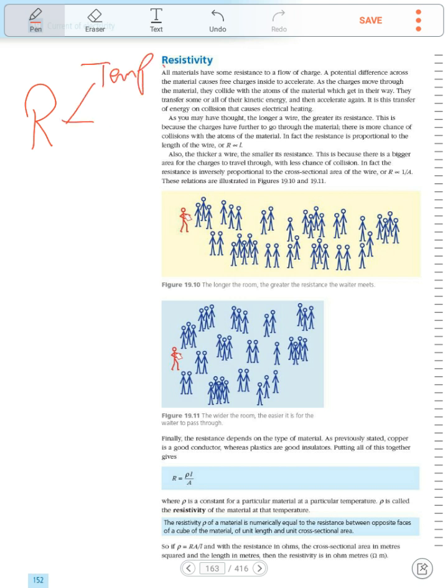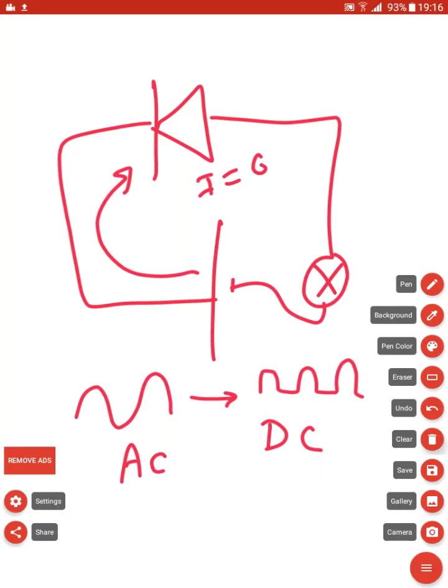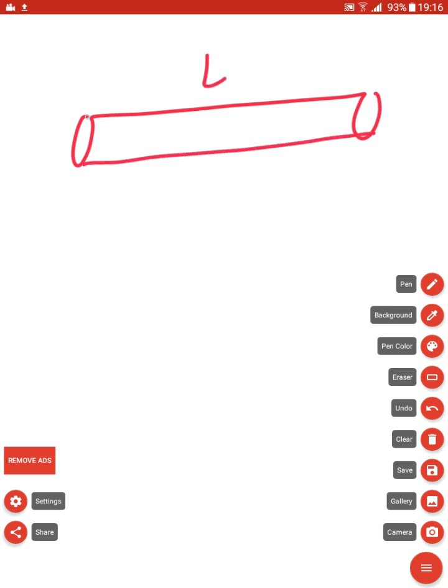Now, the resistance depends on the material it is made from, on the cross-sectional area, and on the length of the wire. If we have a resistance wire like this, this is the length and this is the cross-sectional area.